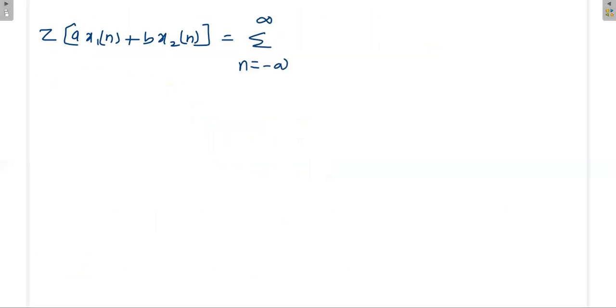So that linear combination is Z transform of a x1 of n plus b x2 of n is equal to summation n from minus infinity to plus infinity of a x1 of n plus b x2 of n multiplied with z power minus n.